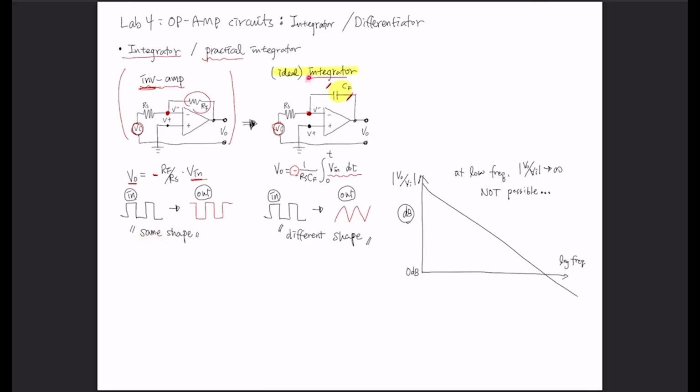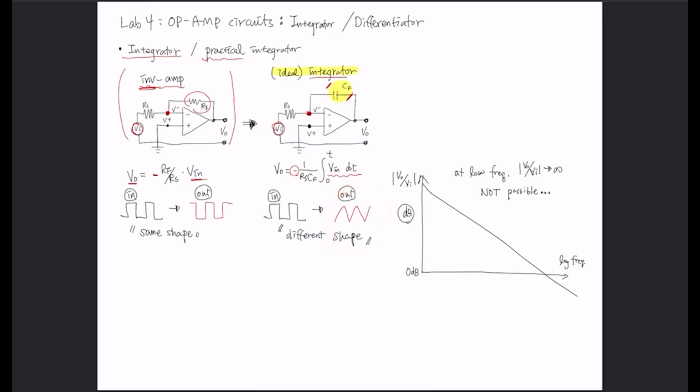But for this integrator, we expect an output that is the integral of your input. So we expect a different waveform shape coming out, right? That's what we expect, and if we see something different, that's going to be an error from your circuit.